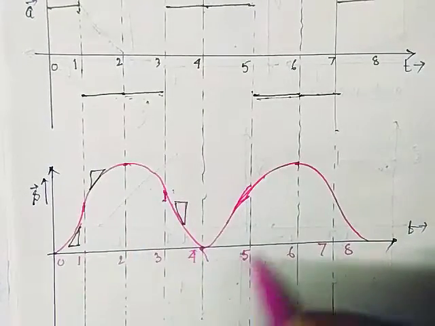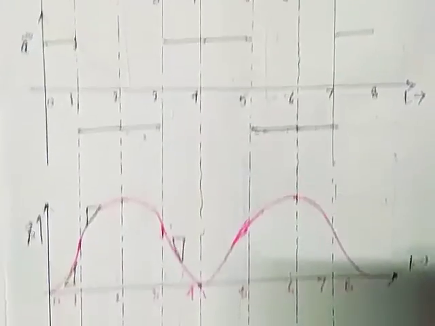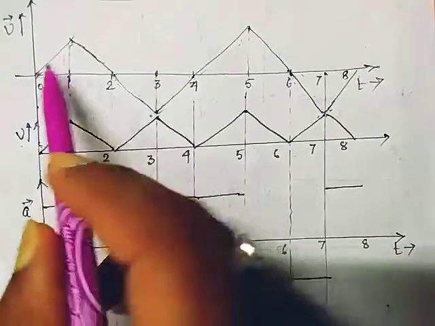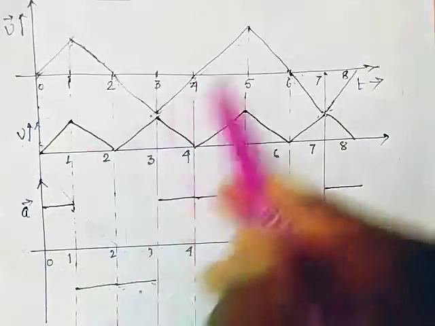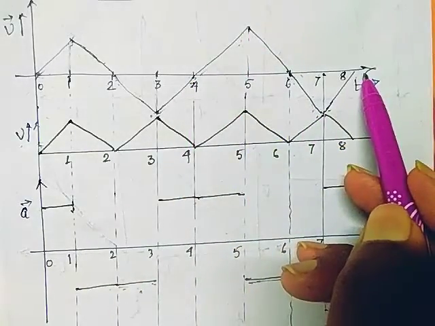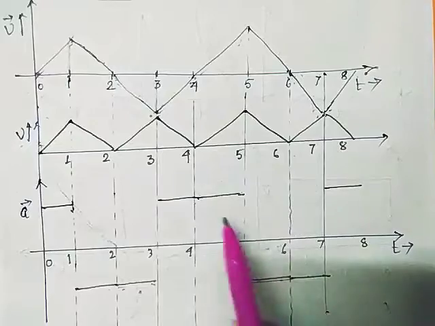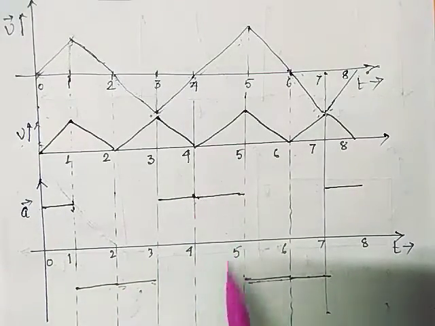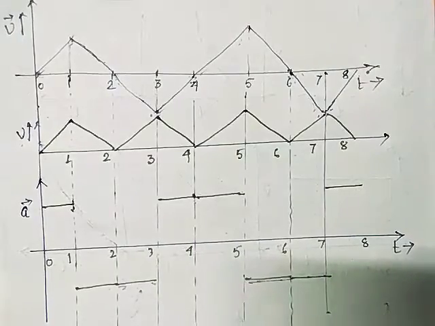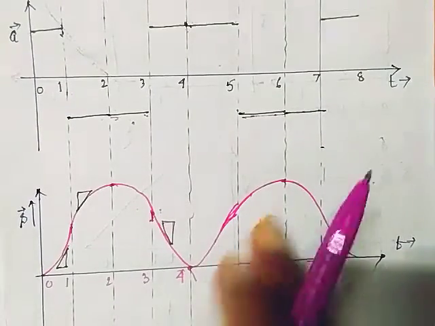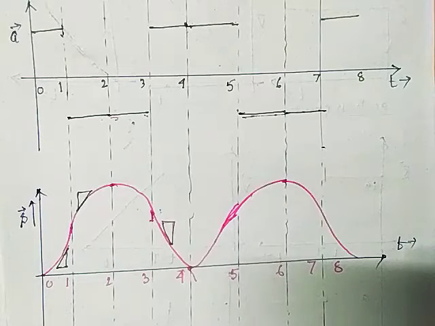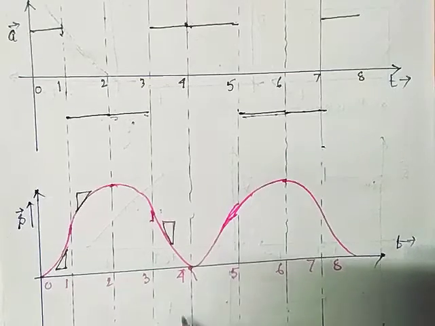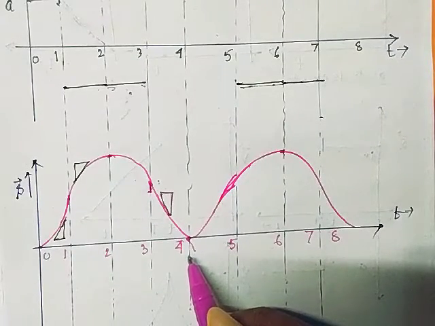The same thing will be followed here, because the same thing is followed from here to here periodically, and here also. Starting from 4 to 8, the same thing follows. So we can draw the symmetric nature, that the displacement is not going to the negative axis.